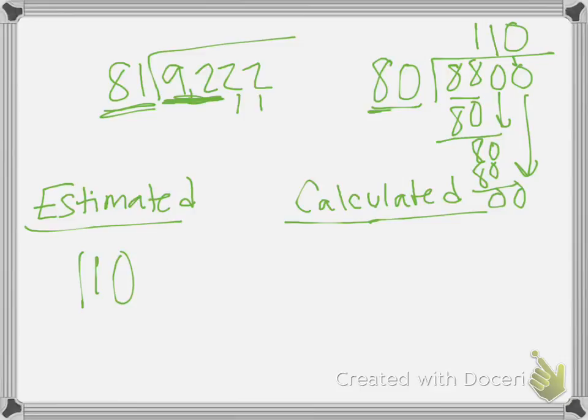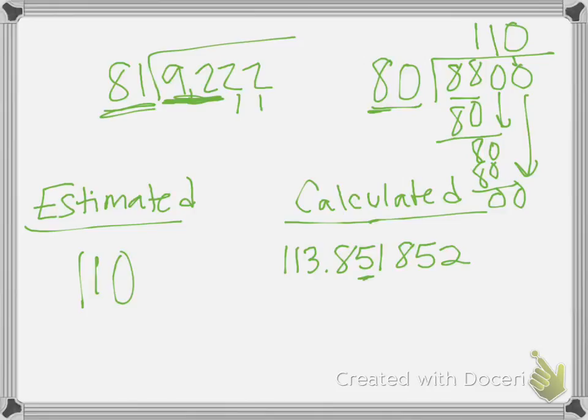Now if I type this into my calculator for my calculated answer, I have to type in 9,222 divided into 81. And you should get an answer that looks like this: 113.851852. And remember, the directions right now want you to round to the nearest hundredth.